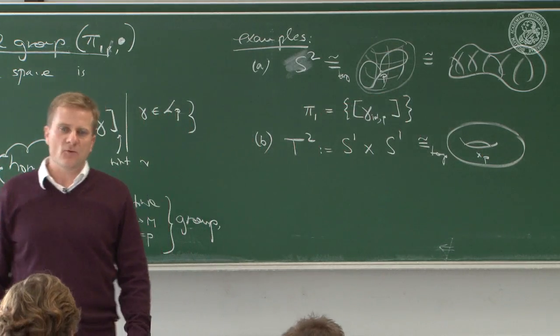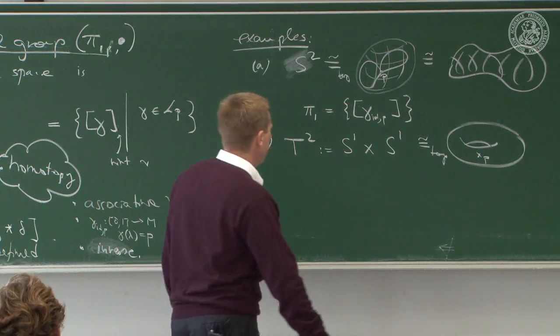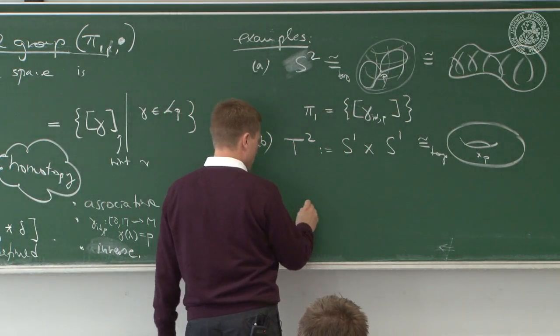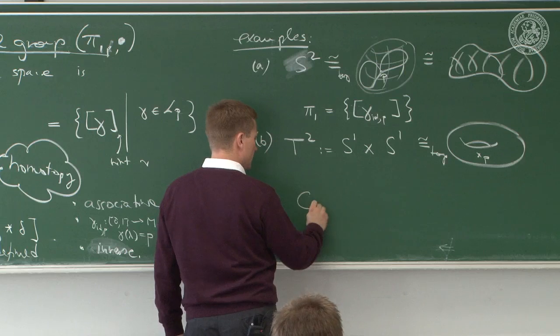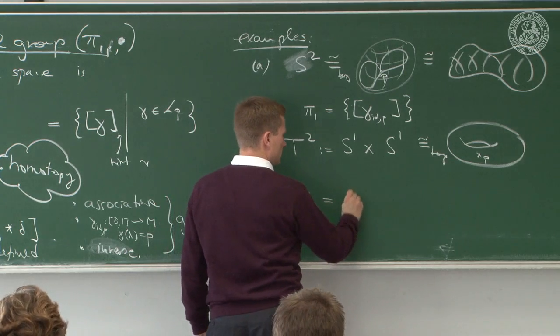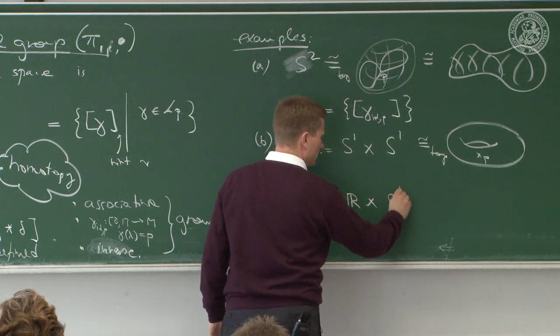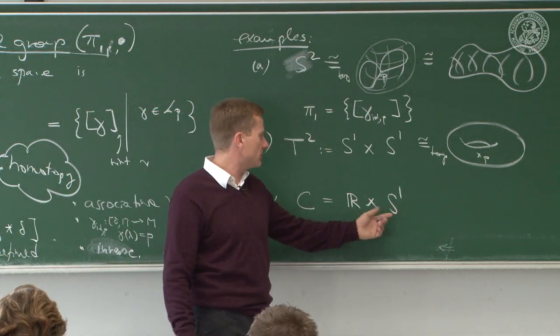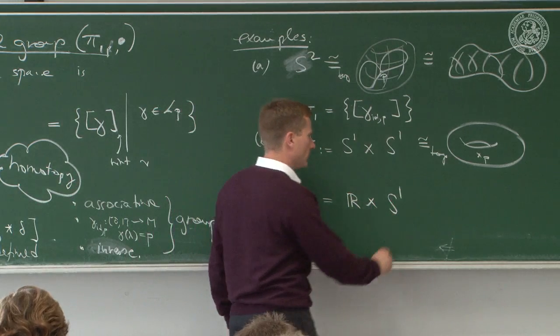So now here we have the torus, and now I start at a point P. Now, how many different, well, maybe we should have first started with example C. We come back to B, and we take the cylinder. And the cylinder is just the product of the real line with the circle. Now, the circle we already had as a topological space. The real line, we equip it with the product topology.